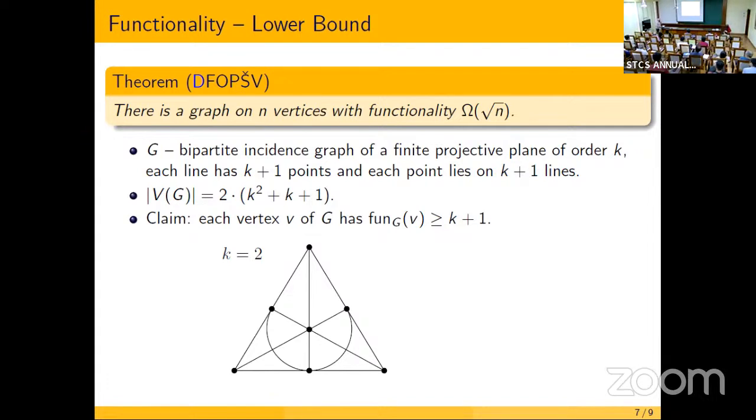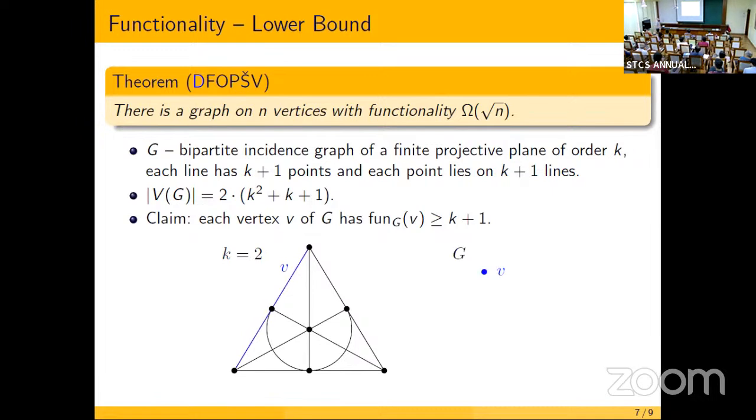I will sketch the proof on an example. This is a finite projective plane of order 2, called the Fano plane. This circle is also a line. How do we prove it?